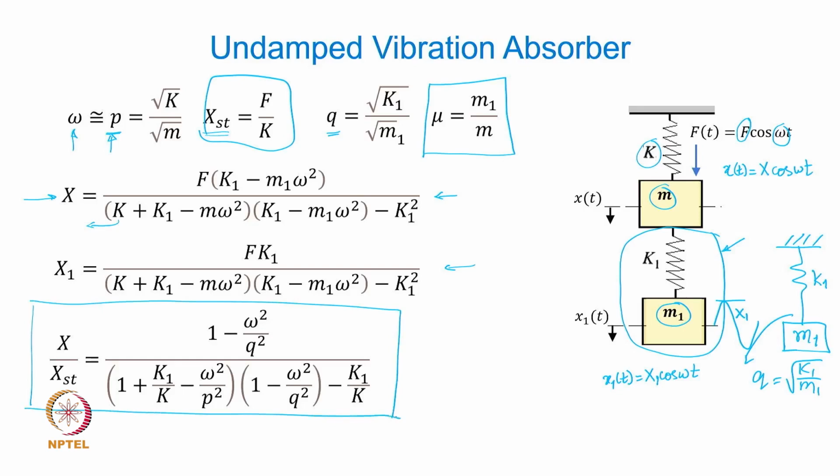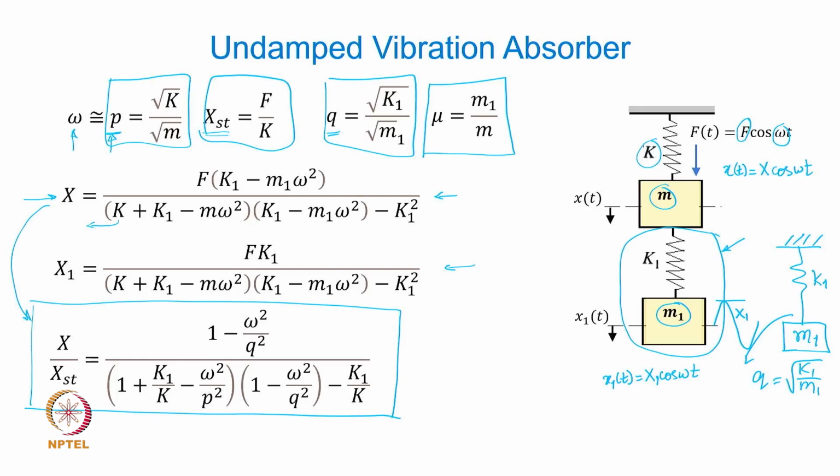Now you will realize that because q has been defined like this and p has been defined like this, the p and q will appear in this expression. So you can leisurely see how this can be transformed into this equation. Now that's simple mathematics which we are not going to deal with here at the moment.